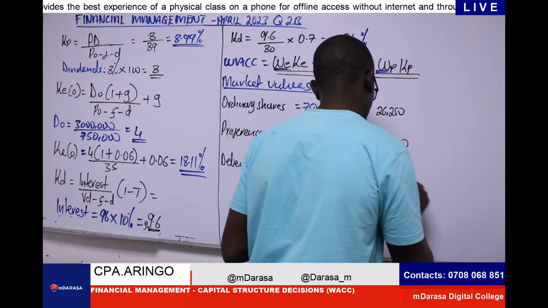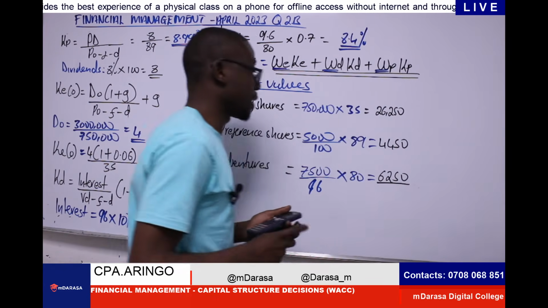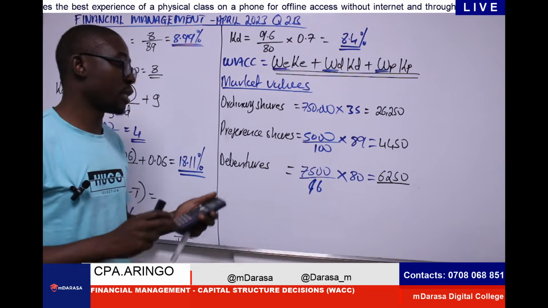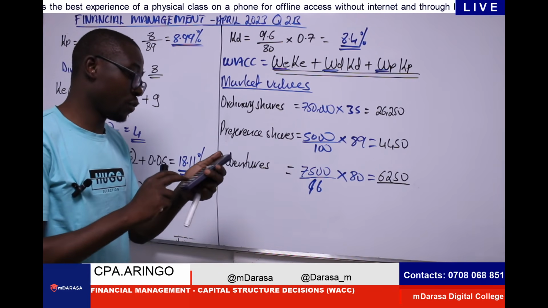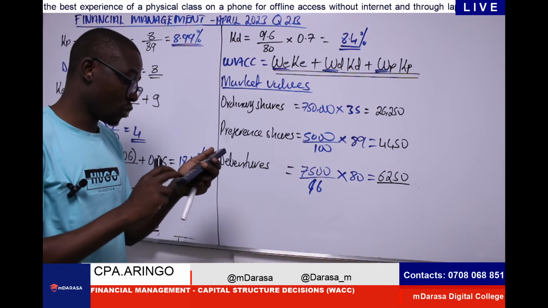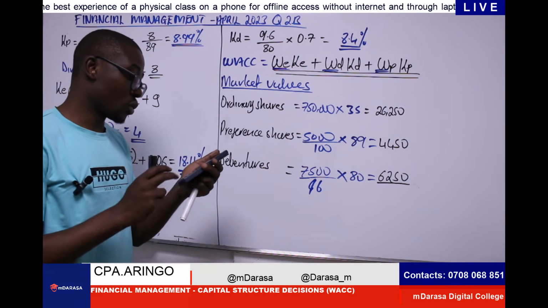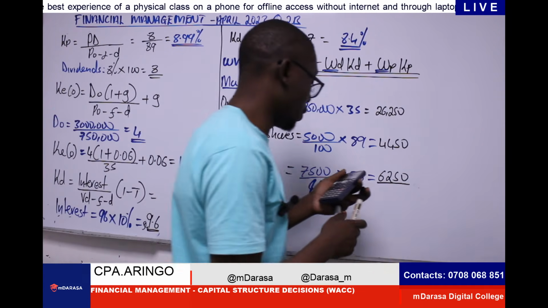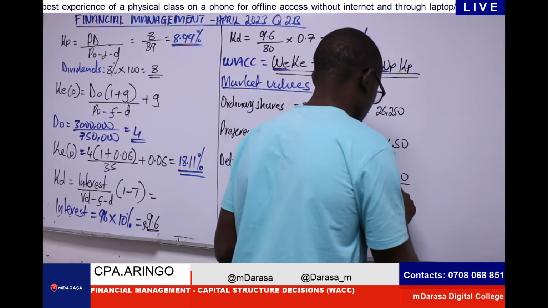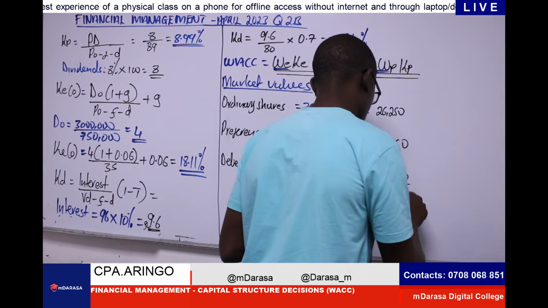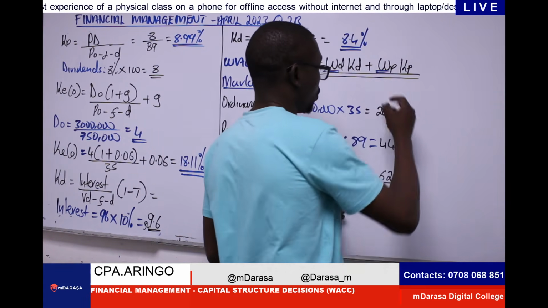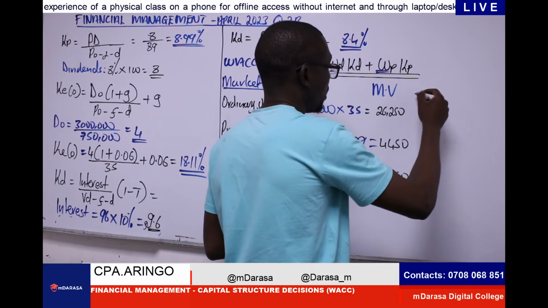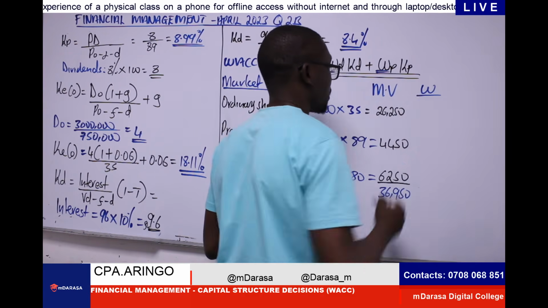So once we have the 6250, let us get the weights of each component. So plus 4450, 26,250. So in this case, I'm getting a value of 36,950. If this is our market value, I need to determine my weight then.